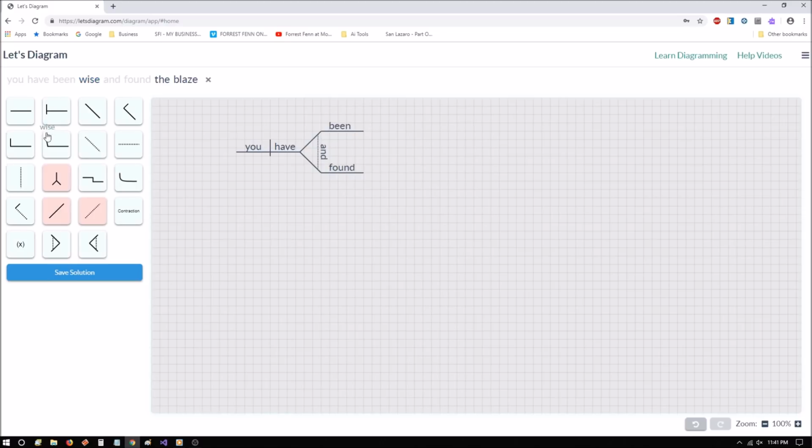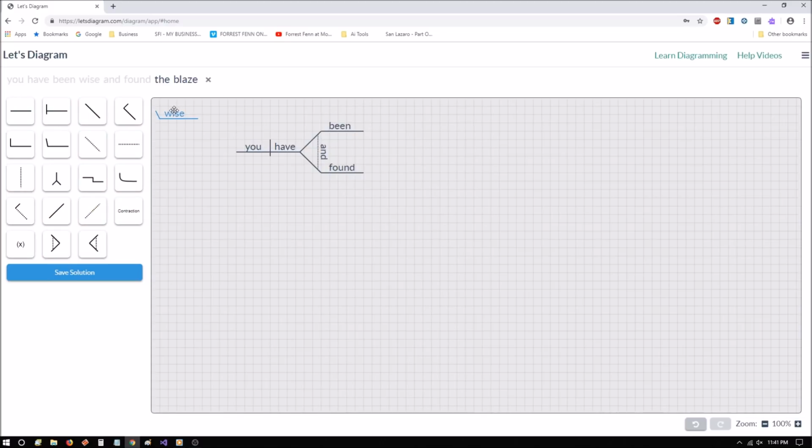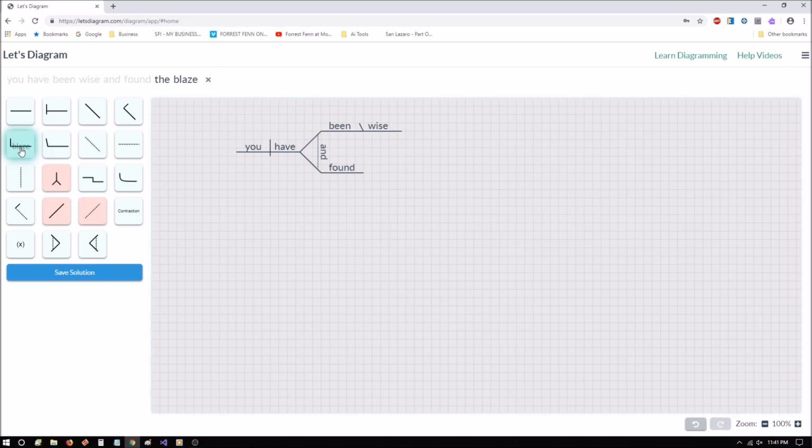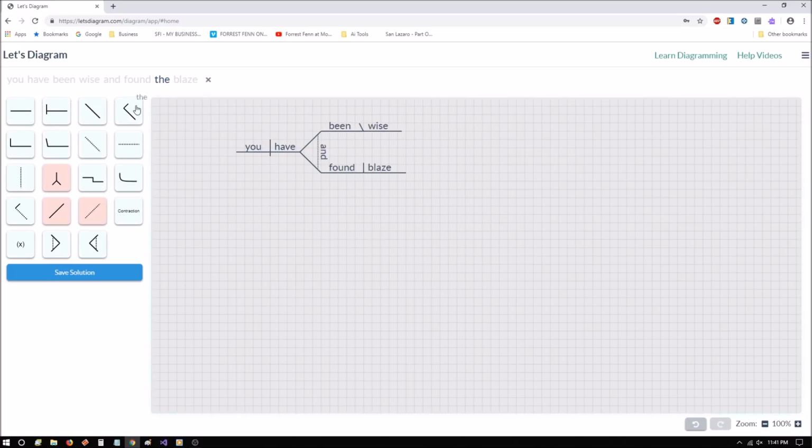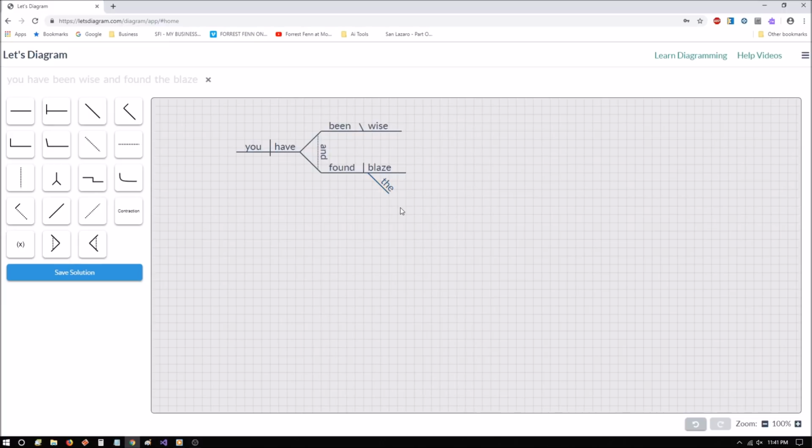We'll put wise down using that construct, and found is slightly different, which I'll explain in a minute. Found, okay, and the is just a determiner for blaze, the blaze. So that goes underneath there. Again, let me try to straighten this out. Okay, so that's a diagram of that first sentence.